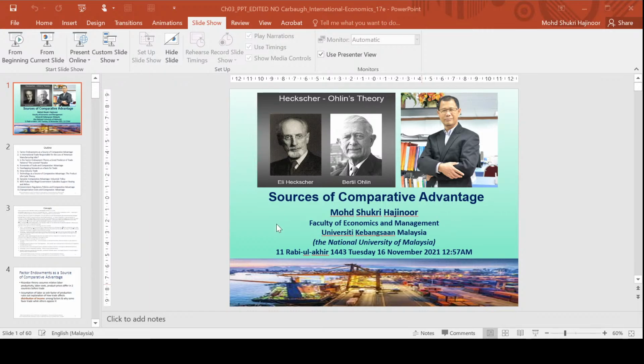So 0.33. That's the MRT for aircraft production in the United States. It means that for the marginal rate of transformation, the more you increase production by one more aircraft, you must reduce textile production by 0.33 in the United States.